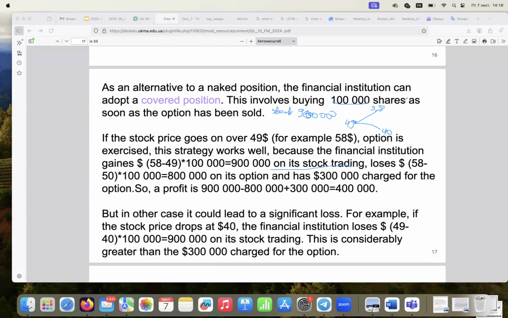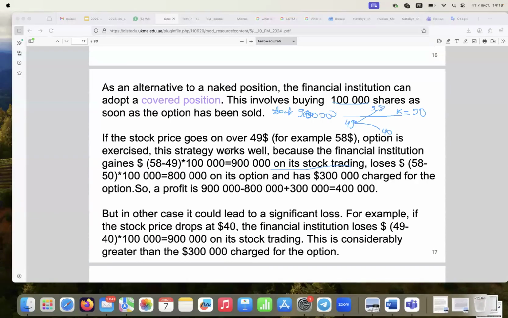What about the option? The strike price is 50. So your payoff is 8 in the up scenario, and 0 in the down scenario. It is the difference, 8.